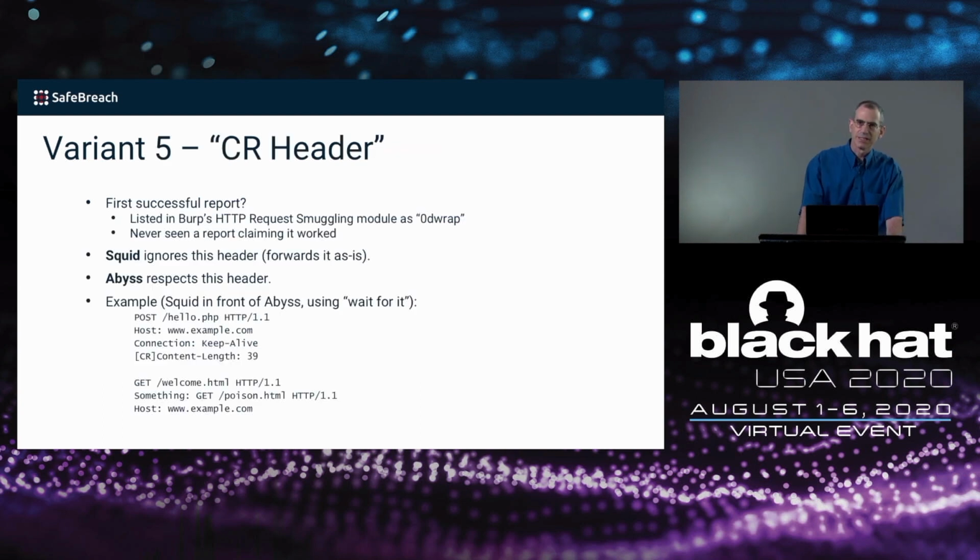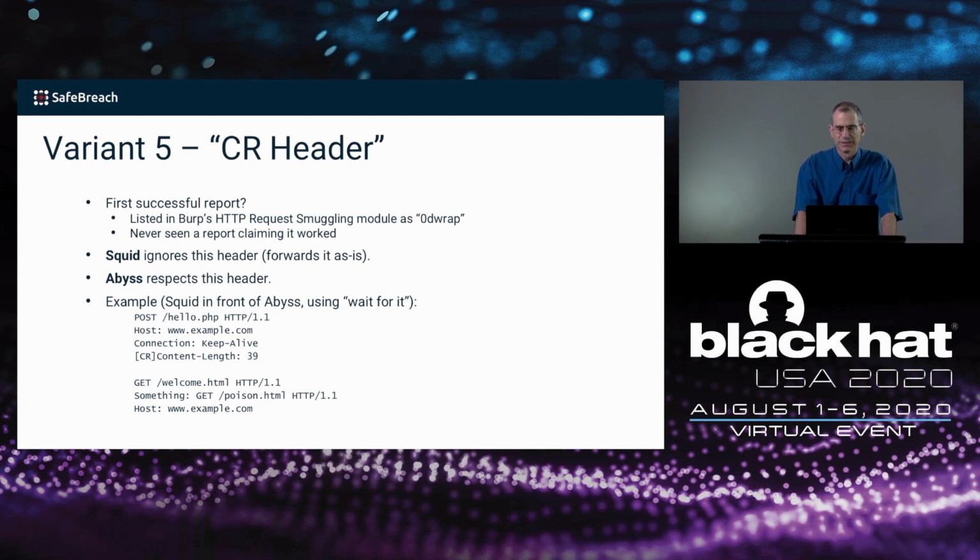And the fifth variant is actually documented somewhere in Burp's HTTP request smuggling module as a 0D wrap, but I don't think I've seen any successful use of that until today. So we discovered that Squid ignores a header prepended by a carriage return.